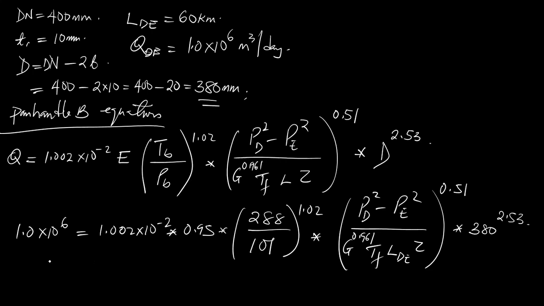Now, since we have gotten up to this point, we can make the whole of this the subject of the formula. To do that, we divide both sides of the equation by this and this, so that we're left with this. That is what we are going to do.